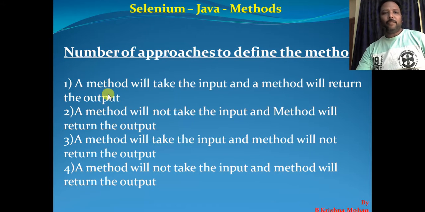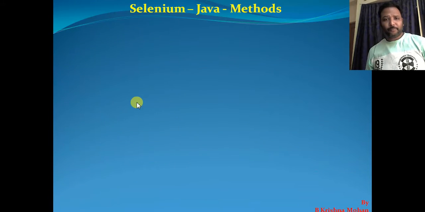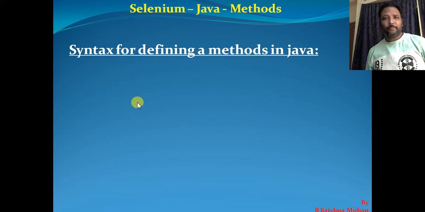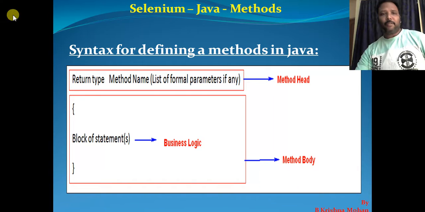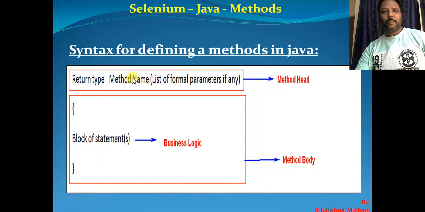So there are four different ways. First we will see the first way, but before that we will see the syntax also. This is the syntax for defining a function. First we have to write the return type, the name of the function, and in the brackets the list of formal parameters, if at all any input has been passed. Then comes the block of statements, where the processing of the input will be done.